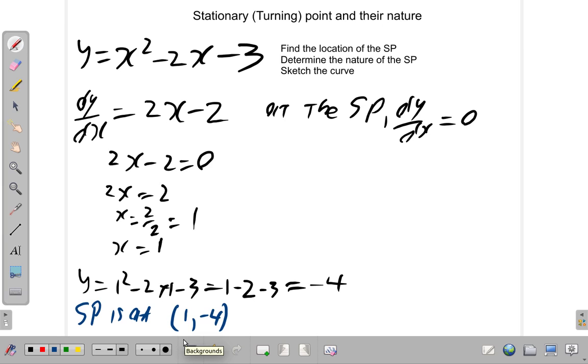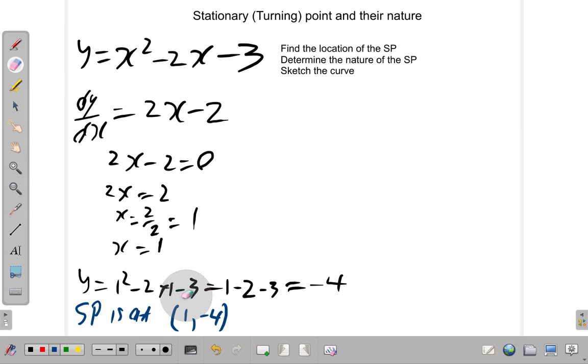But what's the nature of the stationary point? What kind of stationary point is it? All right, let's erase some of these things, and we are going to look at the nature of a stationary point. Now, at the stationary point, we have x equals 1.